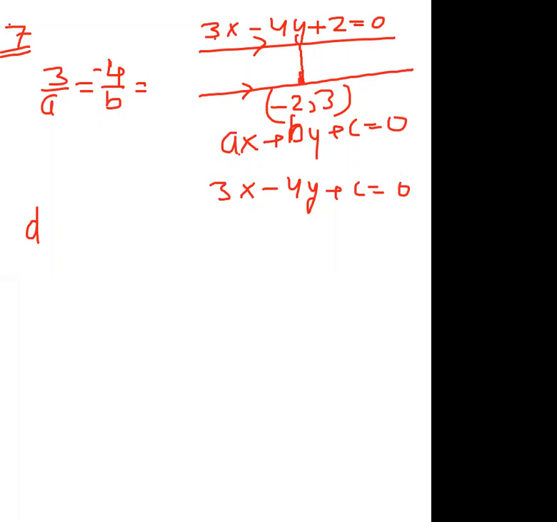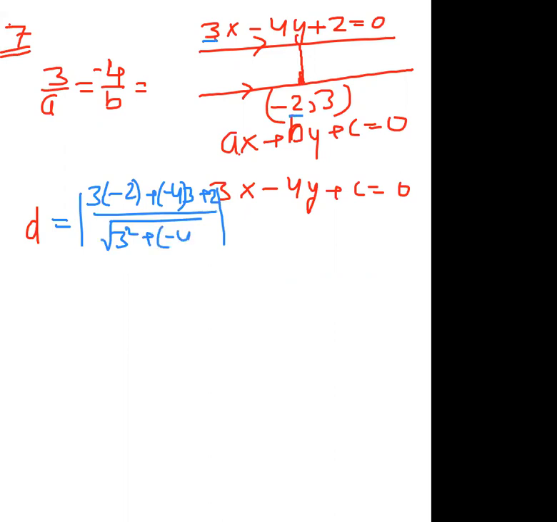So the distance of a point from a line is: A, that is 3, times x1, the point, minus 2, plus B, minus 4, into 3, plus C, that is 2, upon under root 3 square plus minus 4 whole square.